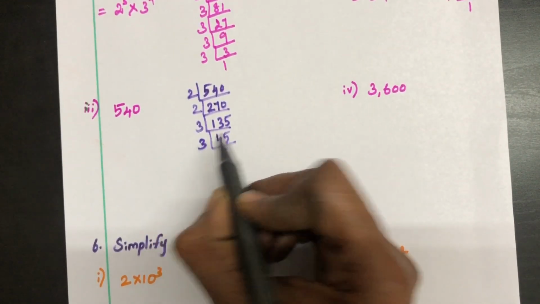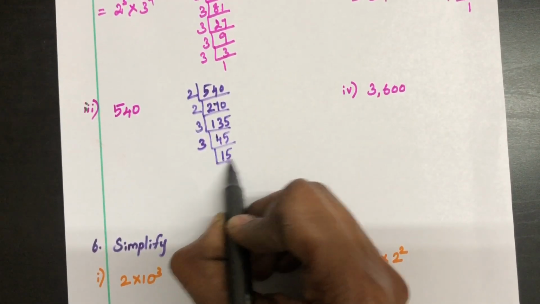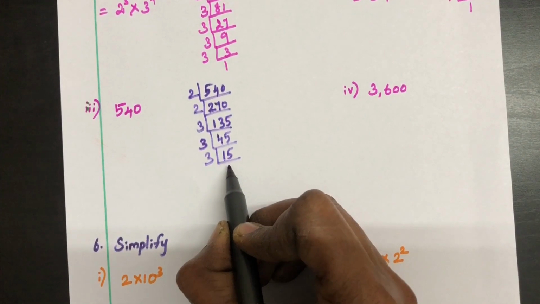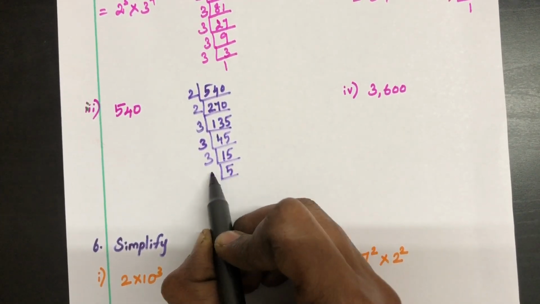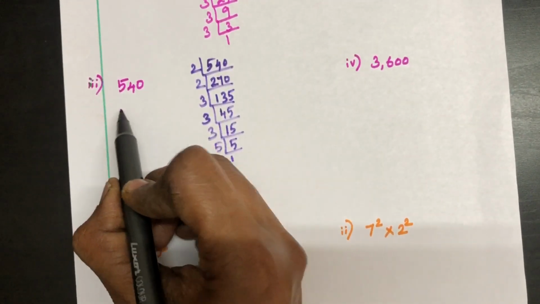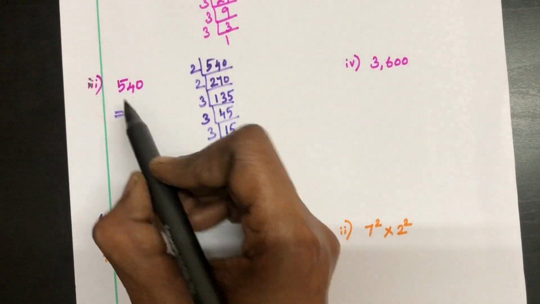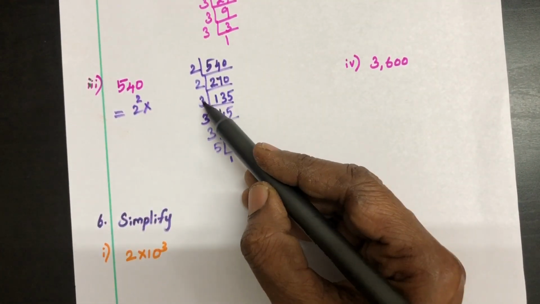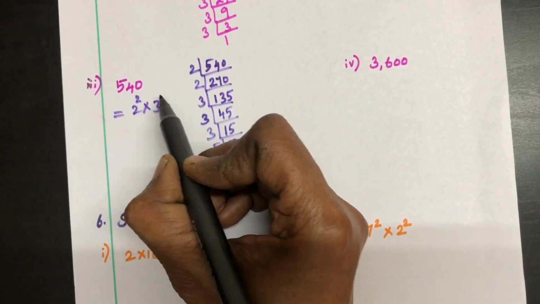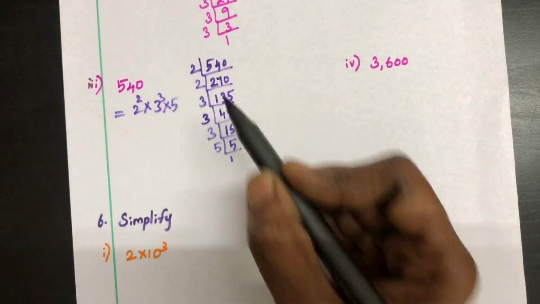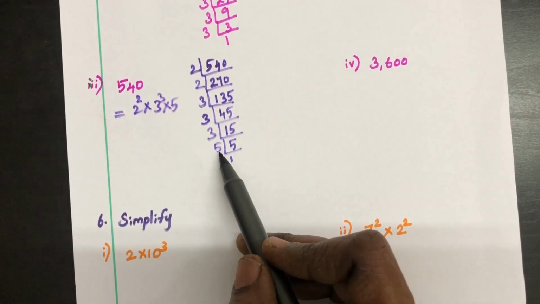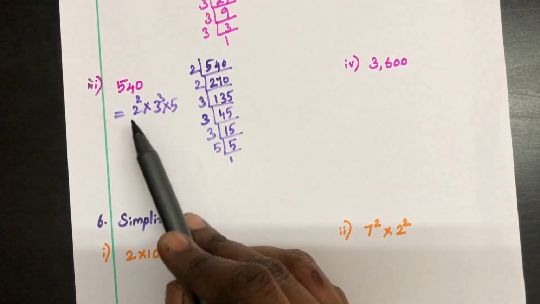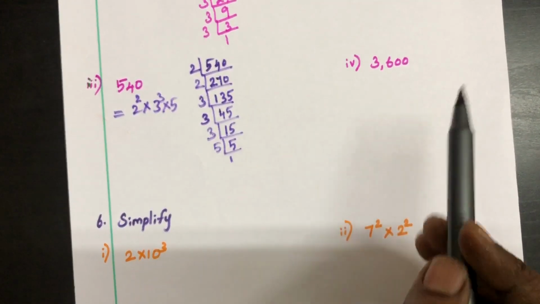Again 3 can divide this 1, 5. 3 can divide this 15, 5 times. So 5, 1. So how many 2's present? 2 square, 2 times. So 2 power 2 into how many 3's? 1, 2, 3. 3 power 3. 5 only one time, into 5. That's all. See, 2 square, 3 cube into 5.